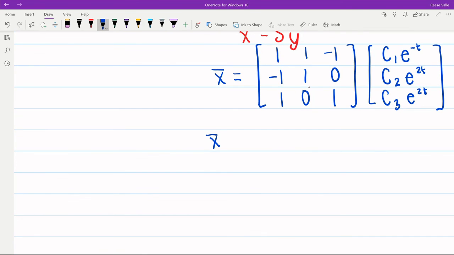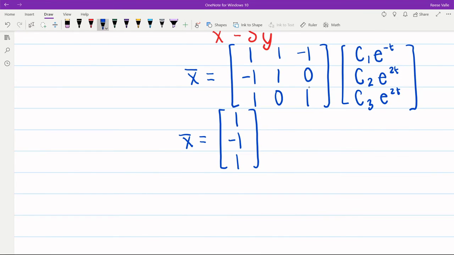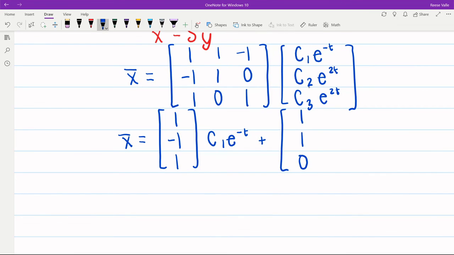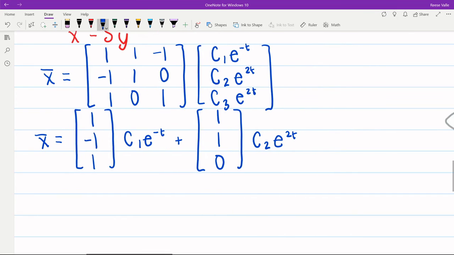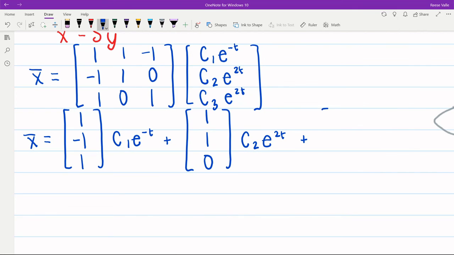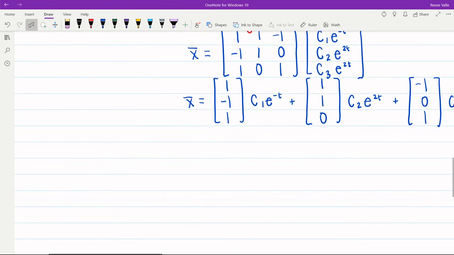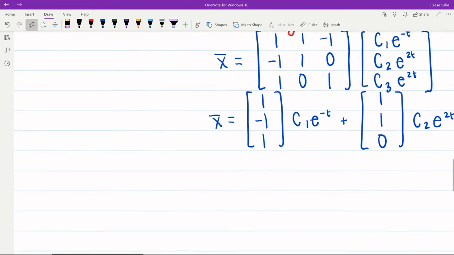So the x vector is equal to 1, -1, 1, the first eigenvector, times c1 e to the -t, plus 1, 1, 0 times c2 e to the 2t, plus -1, 0, 1 times c3 e to the 2t. Oh my god, I feel like this video has been so long, and I am so sorry, guys.